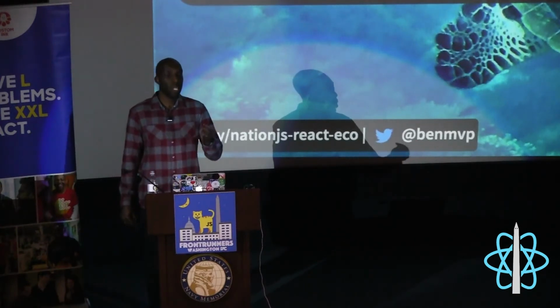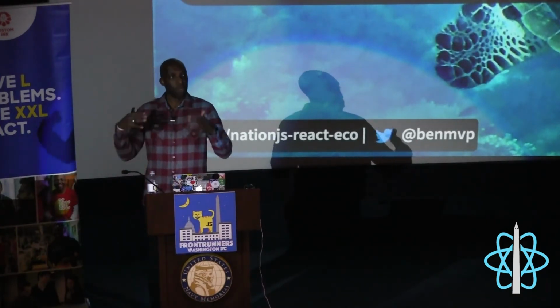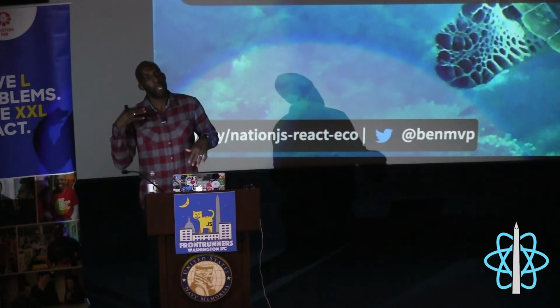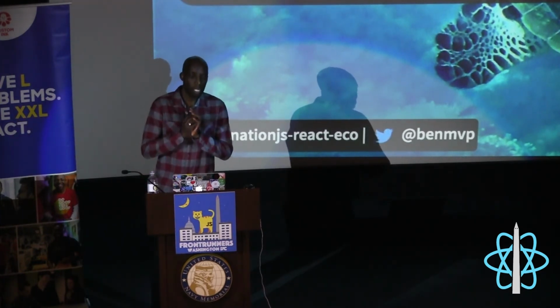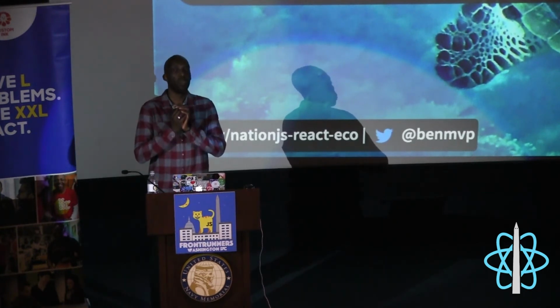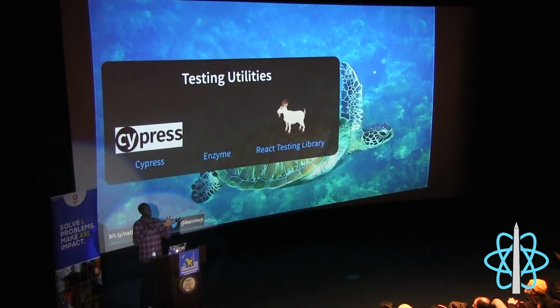Enzyme has a jQuery-like interface with lots of different methods you can use to interact with and query your components. But the problem with the interface is that you can do way too much with it. So in the end, you start testing implementation details. It's really easy to do that, and you can shoot yourself in the foot because when you refactor the component, it does the same thing, but then your tests start failing.